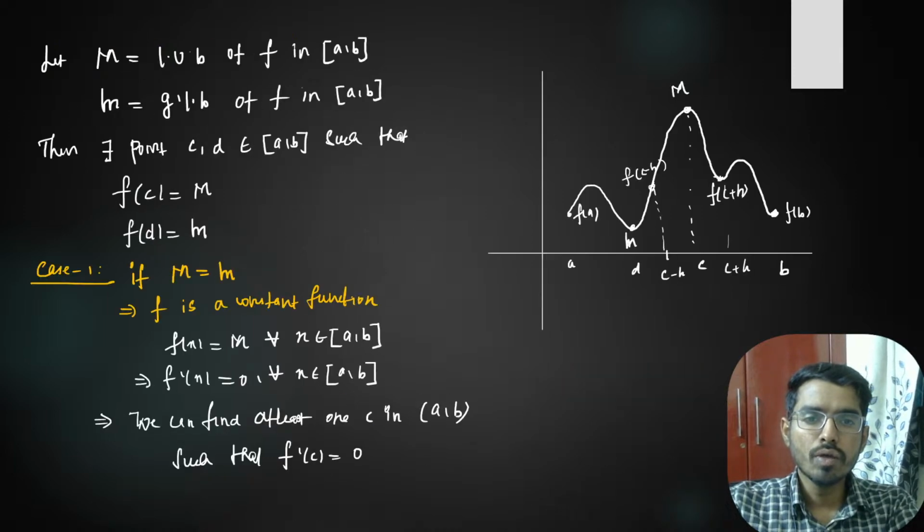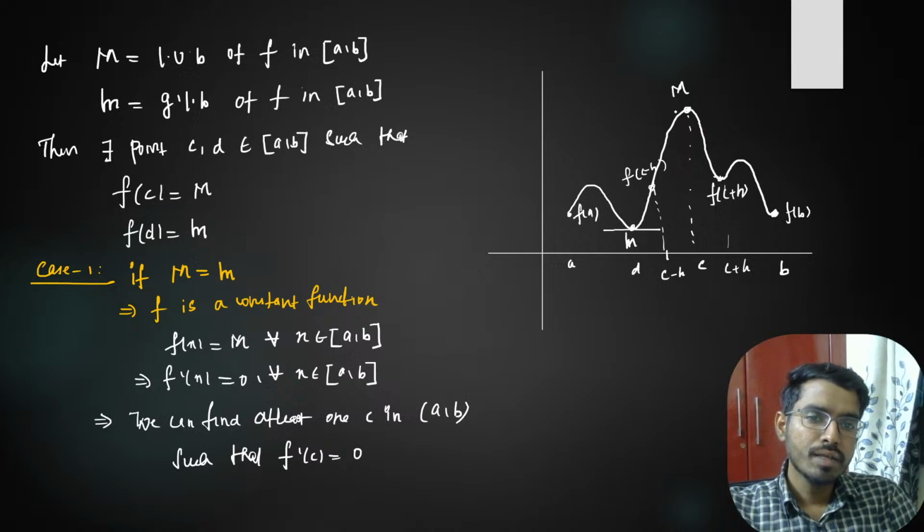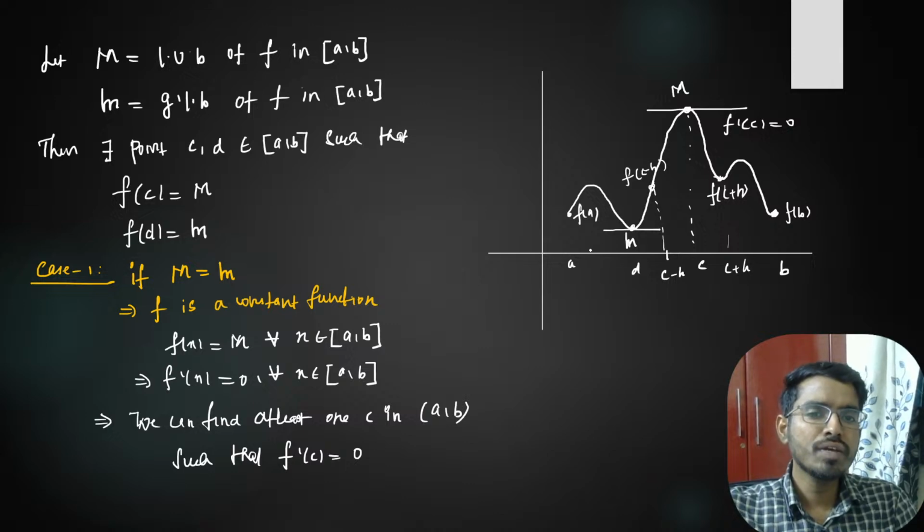Similarly, you can show f dash of d is also 0. This is your d. This is your f dash of c, right? f dash of c is 0 because c is this value. In the same way you can show f dash of d is also 0, because small m is f of d and d is differentiable. That means L of f dash of d is equal to R of f dash of d.